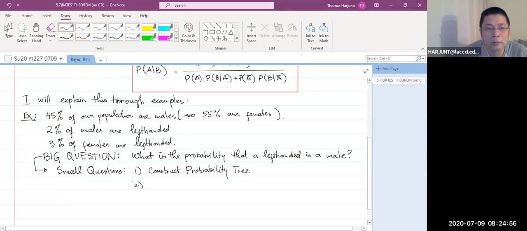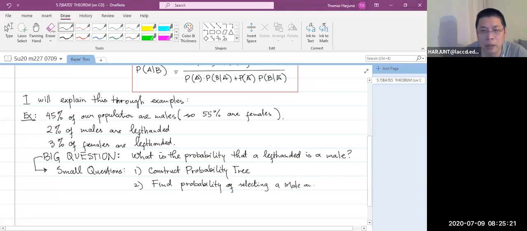Second, find the probability of randomly selecting a male and left hand at the same time. Let me use LH. Then find the probability of selecting a female and left hand at the same time.